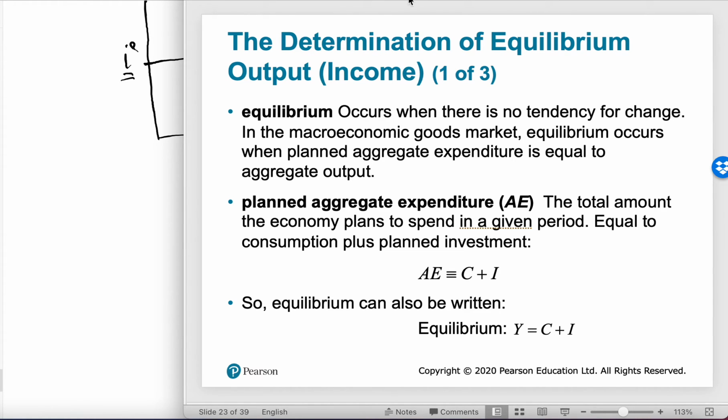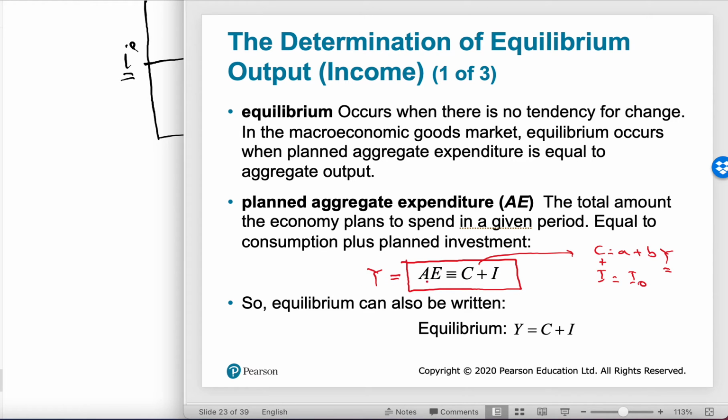And I already told you, and I showed it in the circular flow diagram, that the equilibrium happens once the expenditure side is equal to Y. So we know the functional form of C. The C was a plus bY, and I, let's say, is at a fixed level. So together it forms the aggregate expenditure. At which level of income is this equal?